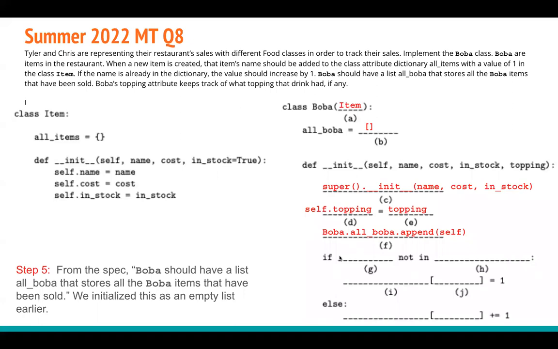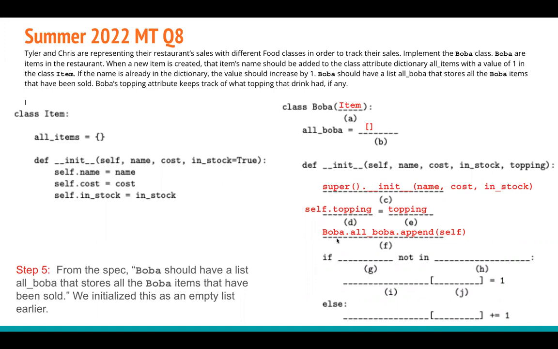And next, we're going to want to do Boba.all_boba.append(self), and this is taking care of the line that says Boba should have a list all_boba that stores all the boba items that have been sold. So when we're creating a new boba item, we're going to want to append it to our class attribute list all_boba by doing Boba.all_boba.append(self).